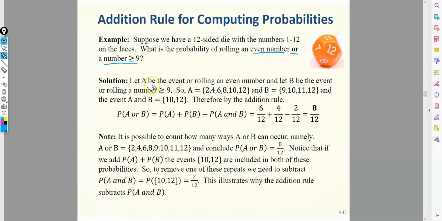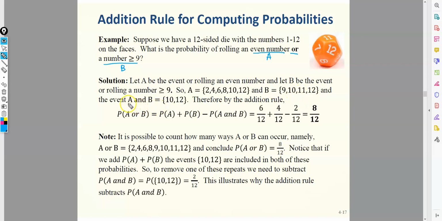Now let's let the event A be the event of rolling an even number, so this is going to be A. And let's let B be the event of getting a number bigger than or equal to 9. So you notice A can occur by getting either a 2, 4, 6, 8, 10, or 12. And B can occur by getting a 9, 10, 11, or 12.